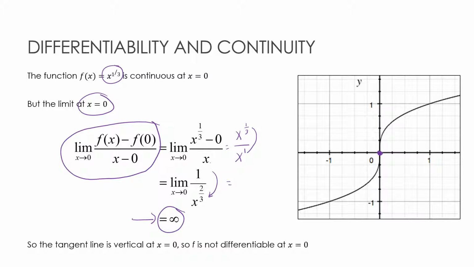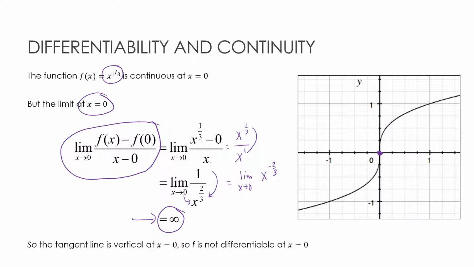I could just write that as the limit as x approaches 0 of x^(-2/3), but here's why I wrote it this way. It's going to help us visualize what's happening here. If I look at plugging 0 in here, from the left or from the right, so let's say I have x that gets closer and closer to 0. You can start with -1 or -1/2 or -1/4 or -1/8 or -1/10.